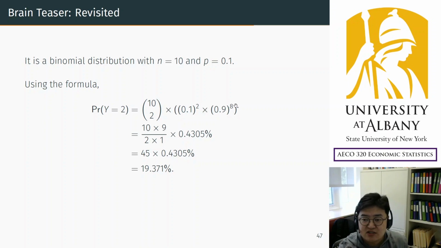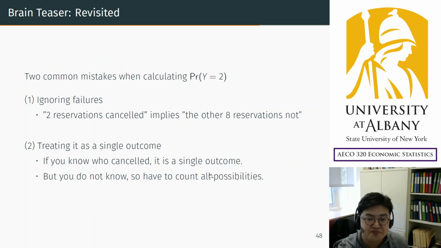So this is the probability of a single combination. And then you use a calculator or Excel, do the algebra, and you get this result. So actually it is much more difficult than you may have thought, right?